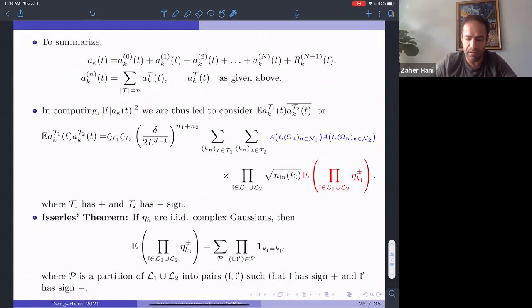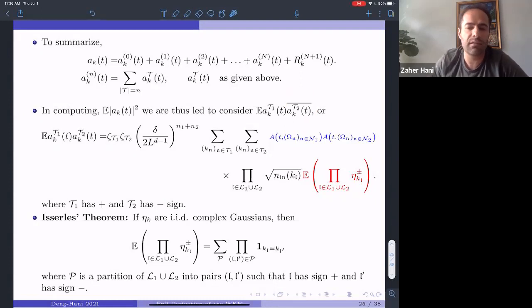If you compute the expected value of a_k squared and you use the expansion above, you will end up with quantities like the expected value of a_k of T1 times a_k of T2. So you have the product of, if you like, two trees, T1 and T2, except that T2 is taken with a conjugate. We fix that so that we don't keep on writing conjugates by switching the sign.